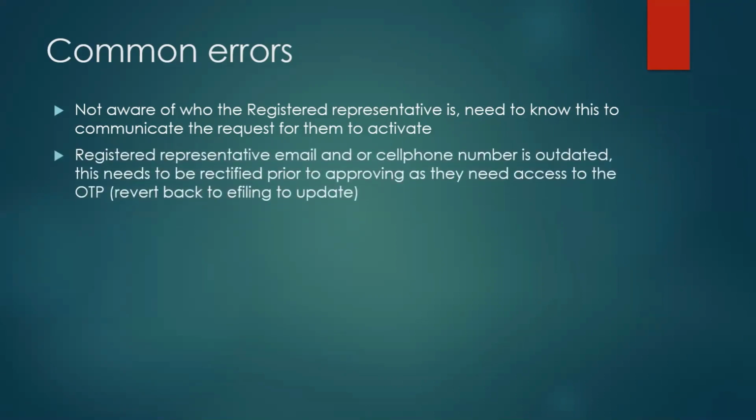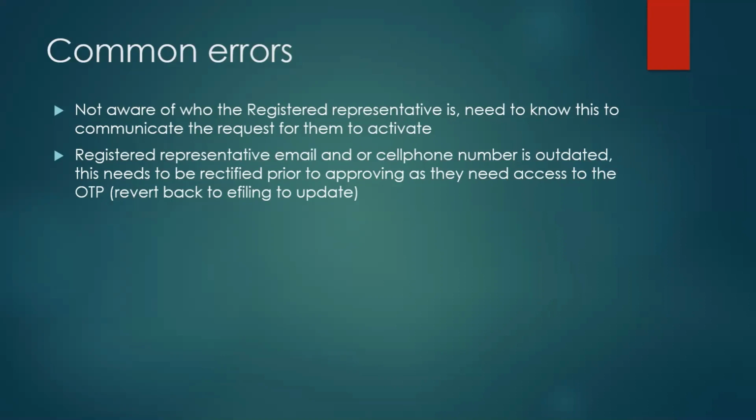Now, often we're seeing the registered representative's email and or cell phone number is outdated. Again, this needs to be rectified prior to approving, as they need to access the one-time PIN that gets sent to them. If the email or the cell phone is outdated, then you have to revert back to eFiling, to the RAV 01, to update this.